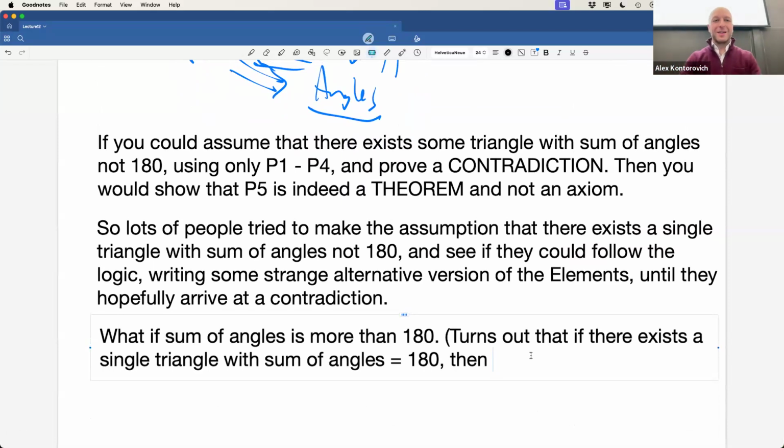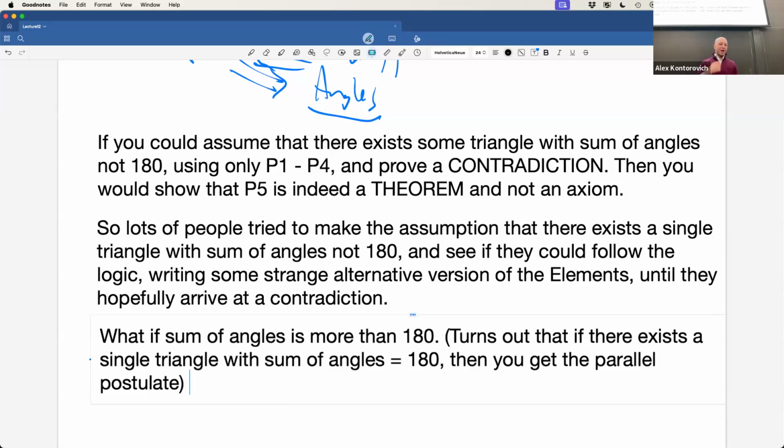So let's not go over that. It turns out if there exists a single triangle with angle sum 180, then you get the parallel postulate. So if the angle sum is more than 180, then not just for a single triangle, this would hold for all possible triangles.